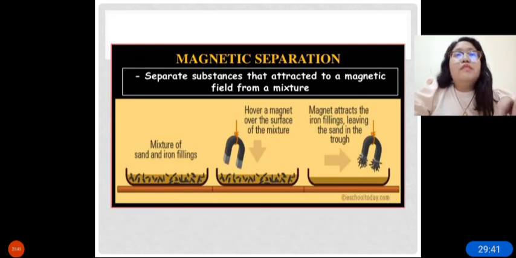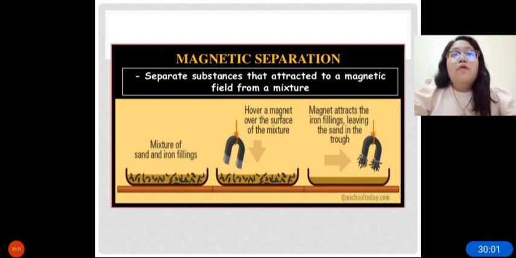So look at this magnetic separation. Initially, the two substances are combined, right? In the image provided, we can observe this process being applied to a mixture of sand and iron filings. So the two substances are combined.